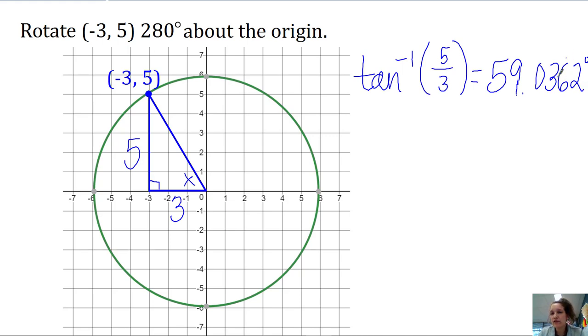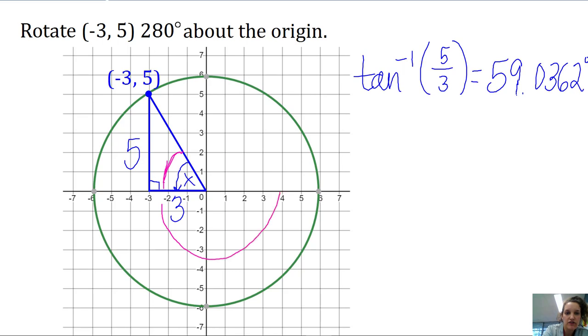And you might be wondering, Ms. Briscoe, why didn't you just round this? Well, I am going to use the measure of this angle later on in my problem, so if I round it now, that is going to mess up the rest of my answer. So I have gone 59.0362 degrees to get to the x-axis.